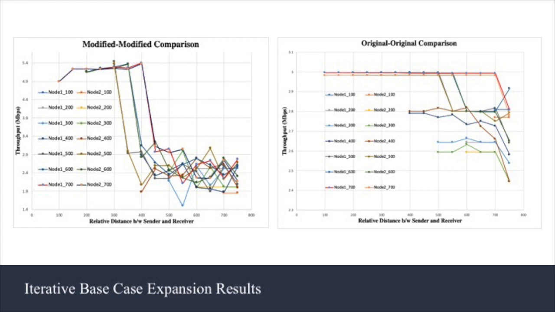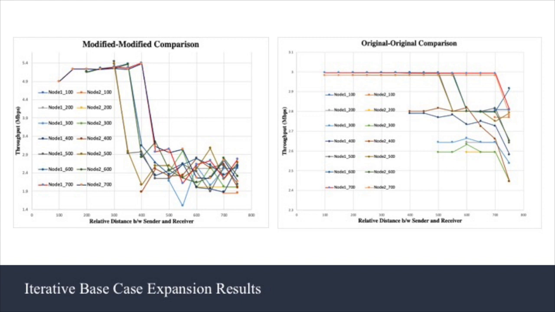On the left, our modified senders achieve between right around 2.9 and 1.9 megabits per second, whereas for the original protocol, the nodes achieve from right around 2.9 to around 2.45 megabits per second. So on average, we are performing about the same as the original protocol.